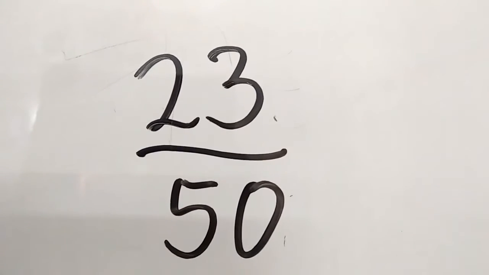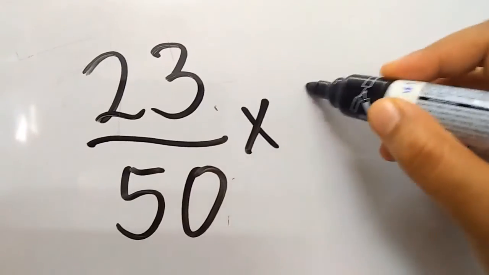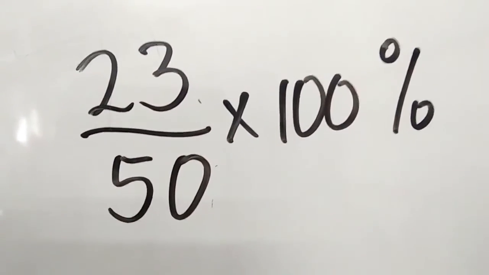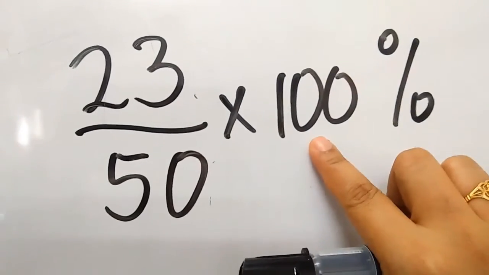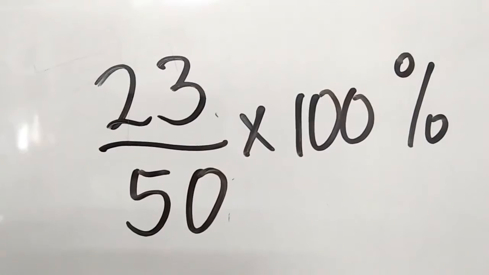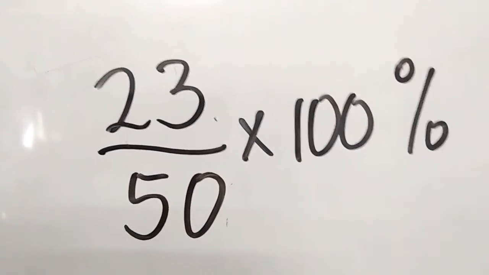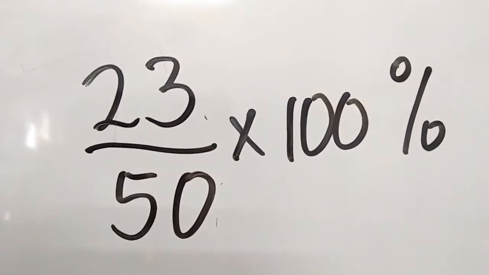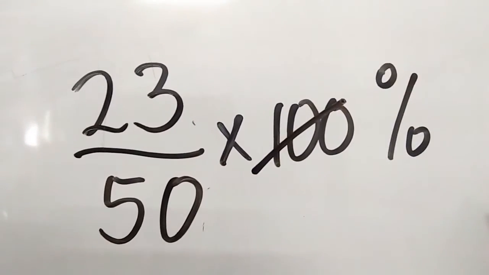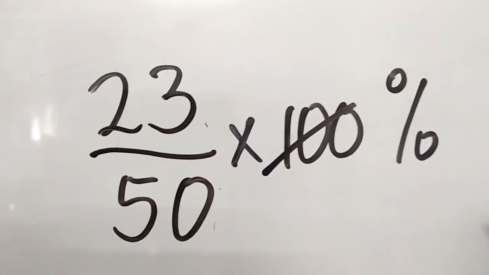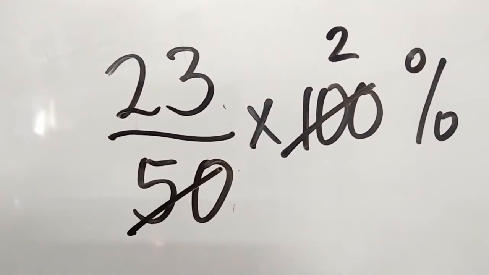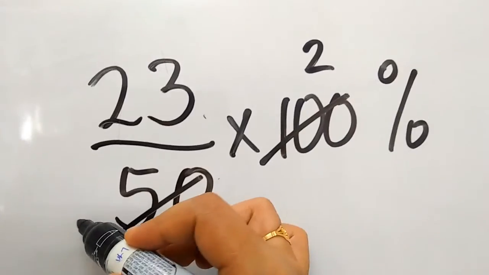Let's use the second method. Still, we can use the second method by multiplying by 100%. So here we can simplify 100 and 50 by dividing them by what number? Yes, we can divide them by 50. 100 divided by 50, 2. Very good. 50 divided by 50, 1.